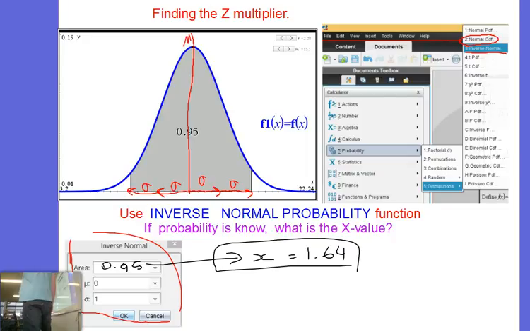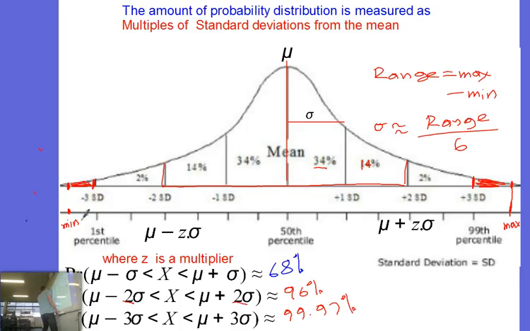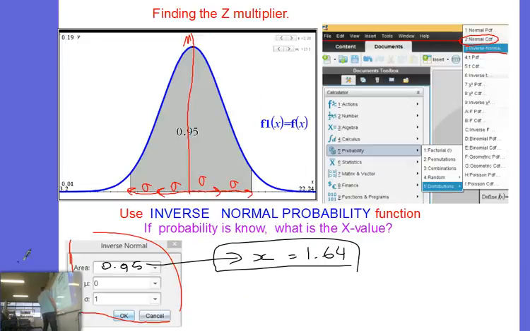Yeah? Because exactly 2 standard deviations from the mean was 96%. Yeah? We want to observe 95%. So we said it had to be pretty close to the number 2. We got 1.64. That's not that close, is it?